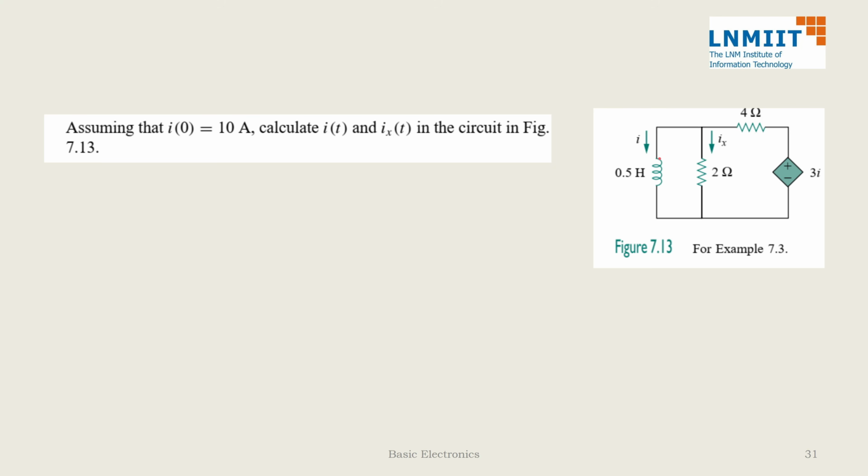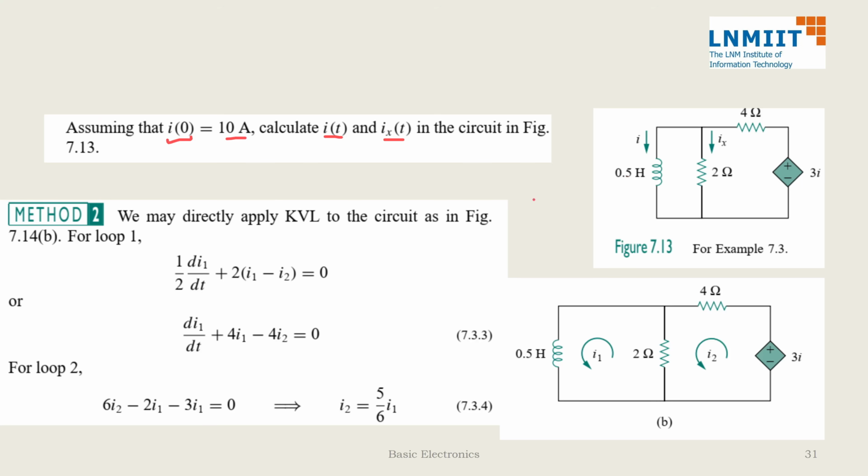So I have this circuit here, and we are asking that if I naught is 10, find I of t and Ix of t. This is I which is in the inductor and Ix in the resistor. So this is the network which is given to us. So what we can do, we can apply KVL between these two.